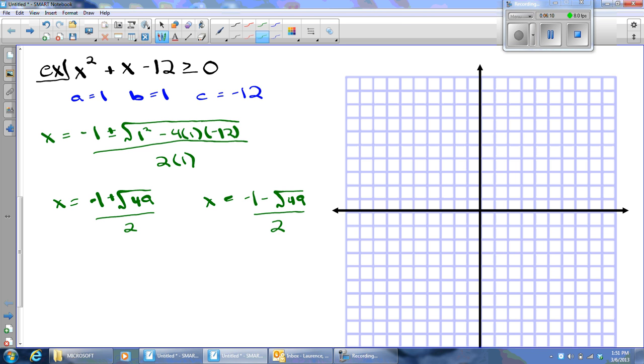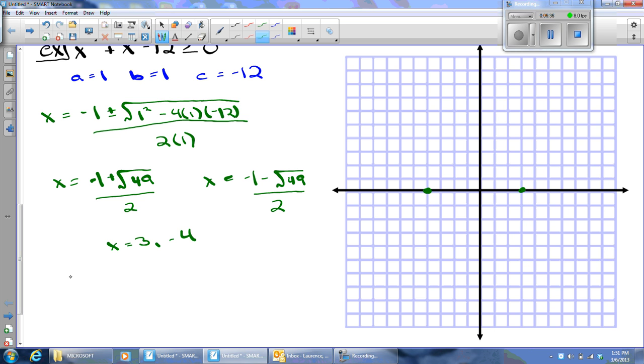So when we solve this, our roots are x equals 3 and negative 4. So when we graph this, we're going to come over here, go over 3, then over negative 4, 1, 2, 3, 4. Okay, now we're going to find our vertex, and we can use the negative b over 2a.